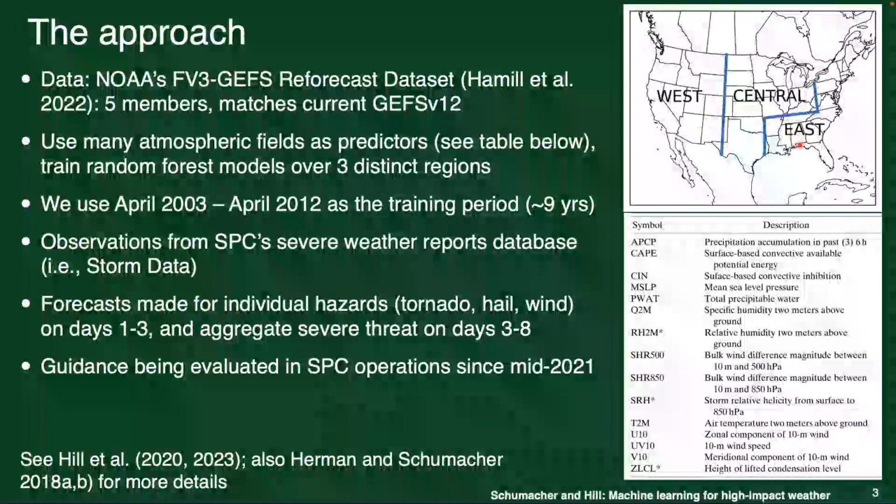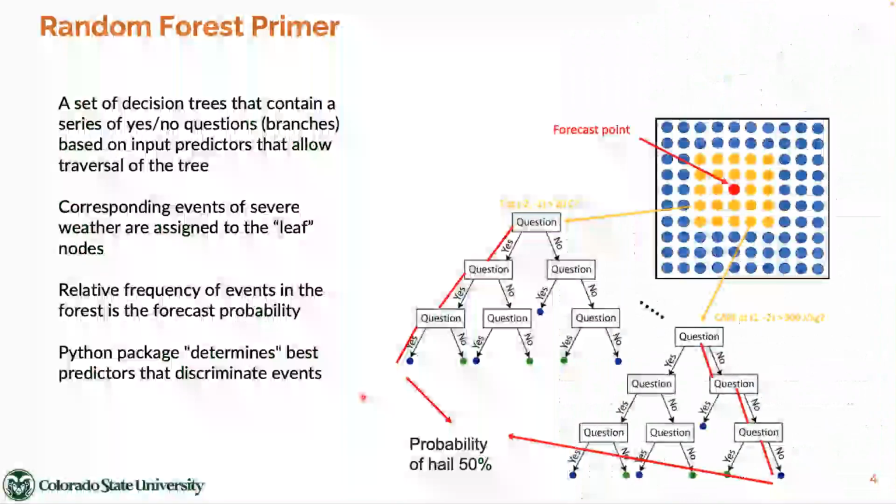So we train models for 3 different regions for the severe weather system. And so we make these two runs a day for days 1 through 3, and then 1 run a day for days 3 through 8. And the guidance is going to SPC. They've been using it and evaluating it, and now using it in operations since mid 2021 or so.